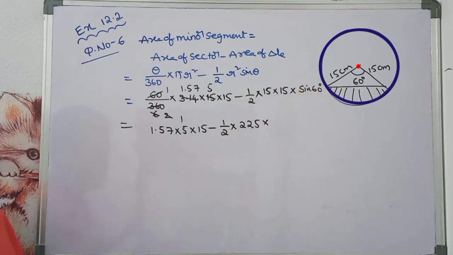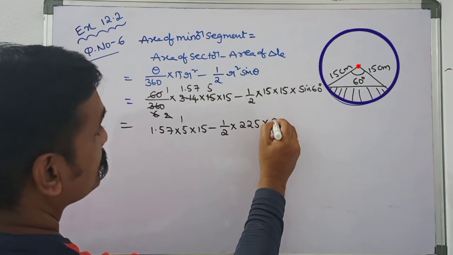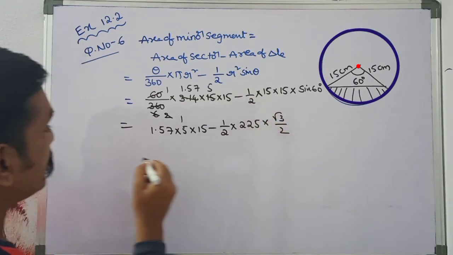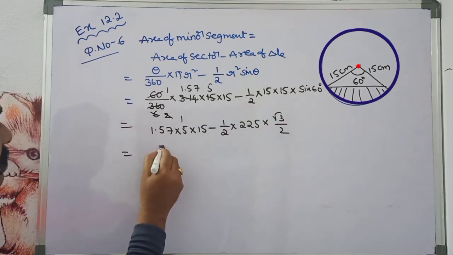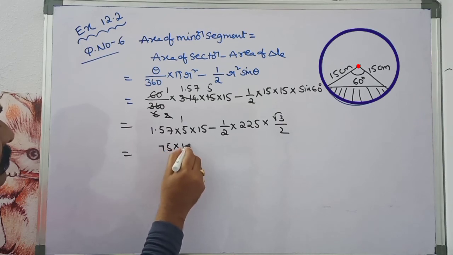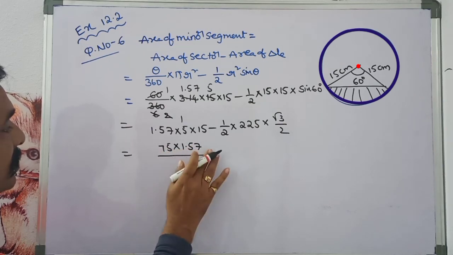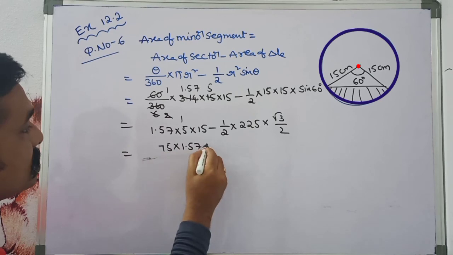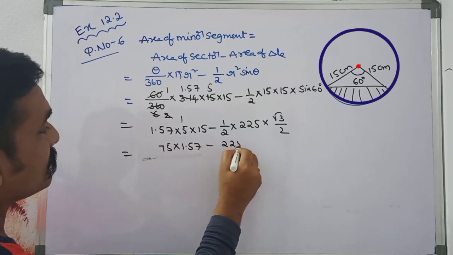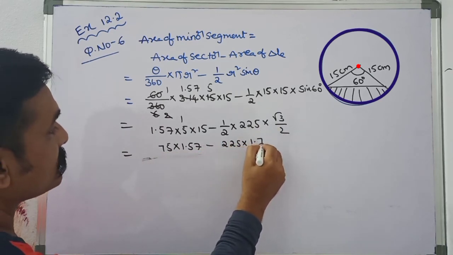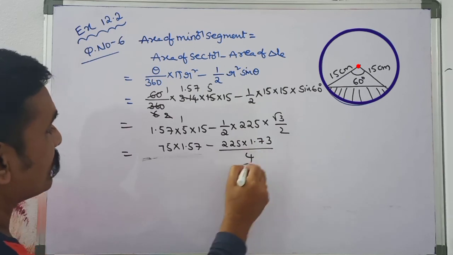Sine 60 degrees equals root 3 by 2. If you simplify, 15 fives are 75. 75 into 1.57 minus 225 into root 3 value 1.73 by 4.